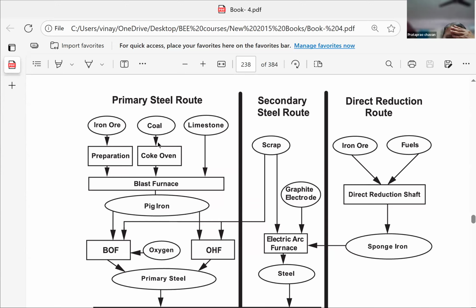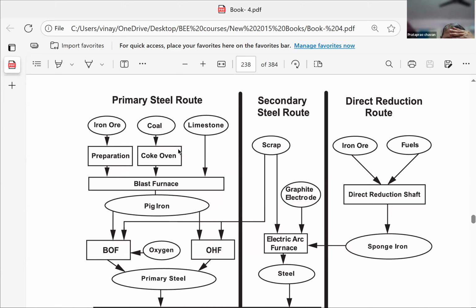Here, coal is not directly used in the blast furnace because why? The ash contained in coal, the moisture contained in coal. You know the proximate analysis parameters, volatile matter, ash, carbon, and all that. So we are interested only in carbon, not in other components.